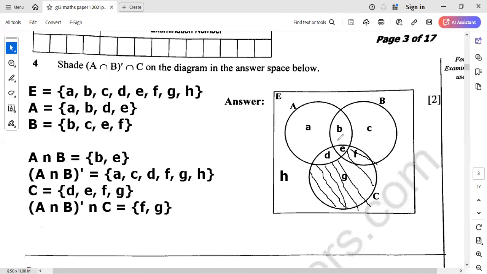You can write these on a separate paper, or you can write them here, so that you go about it in an easier way. So this is the answer to this question.